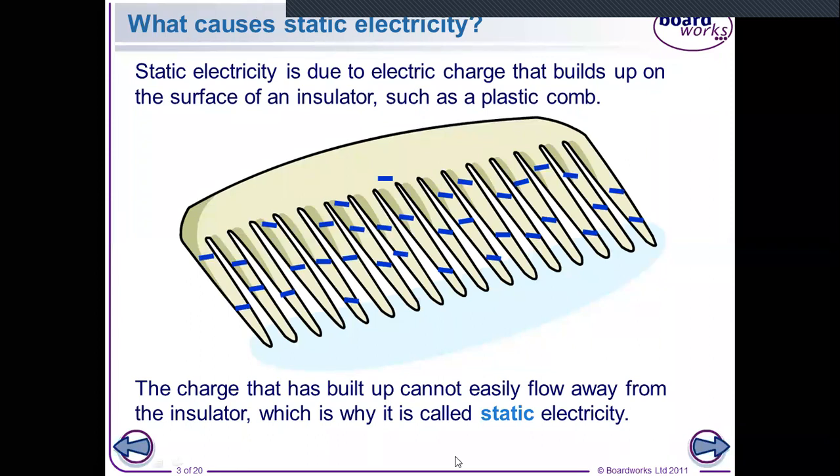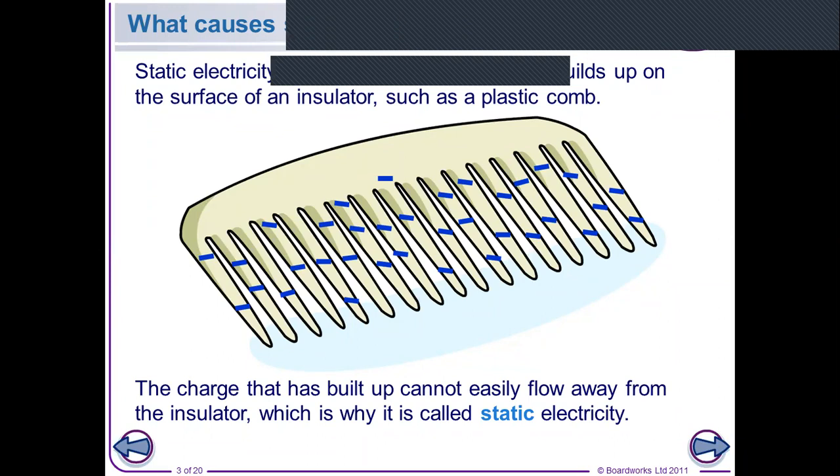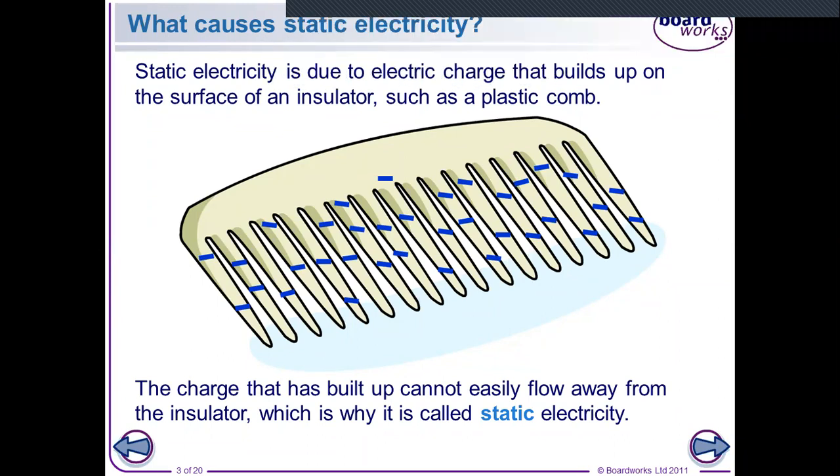Okay. So can you see this comb, for example? We use it to comb our hair, right? Can you see these blue lines over it? Those are electric charges forming over it.